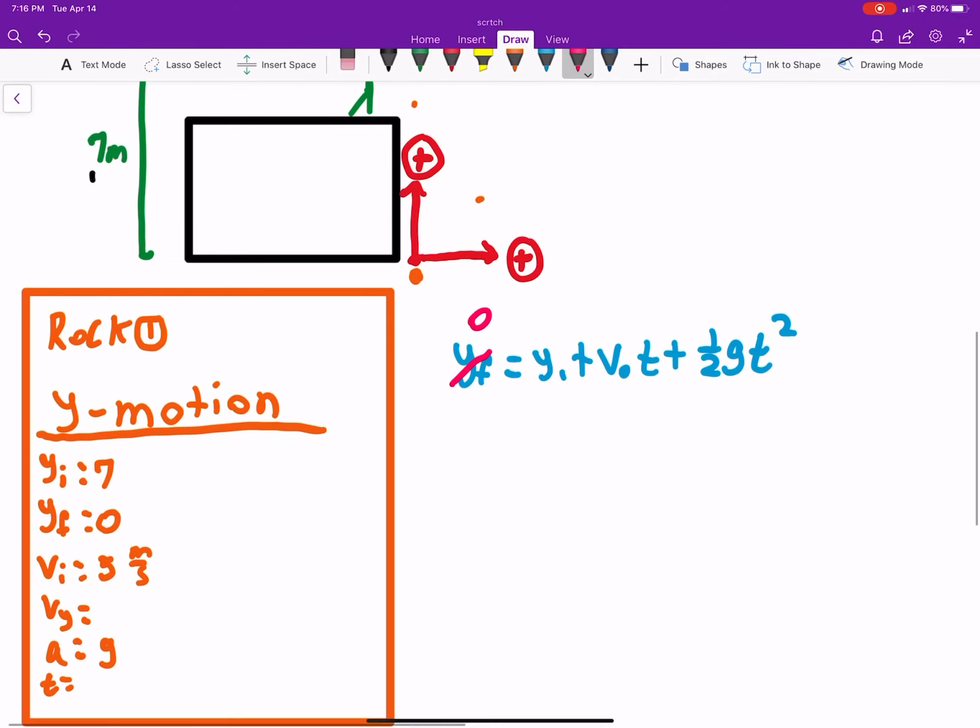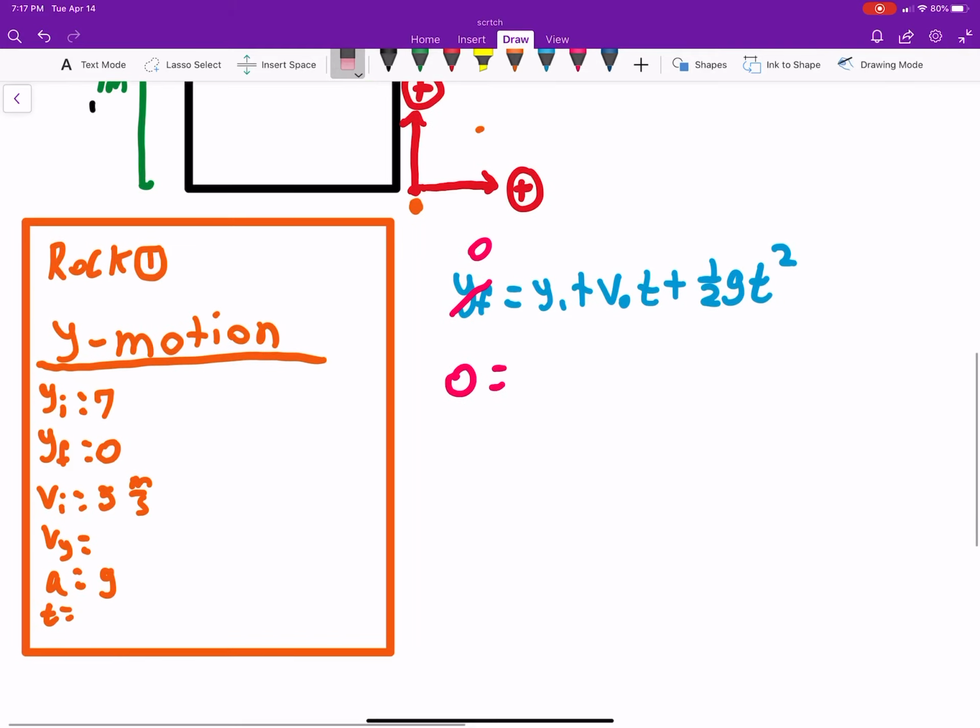So we have 0 equals y initial plus, and I'll go ahead and put numbers in. We have y initial, which is 7, plus v initial in the y direction, which is 5, times time, plus 1/2 gt squared.